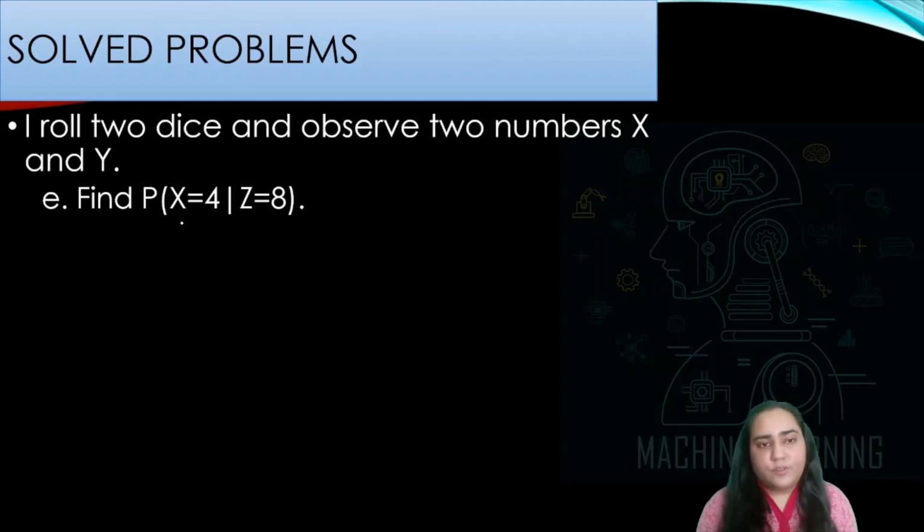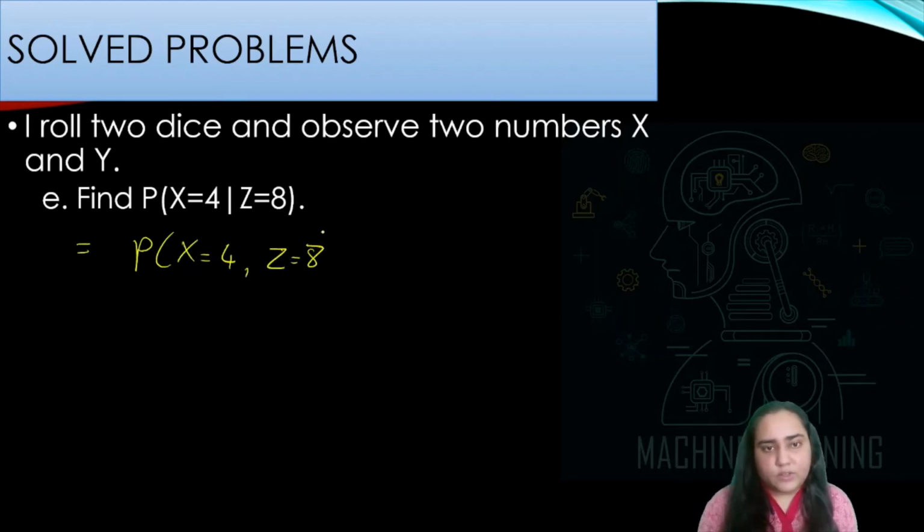Now, what we want to find is x equal to 4 given z equal to 8. This time, we cannot say that x and z are independent of each other. X depends on z very much. To calculate that, we need to find the joint probability of x equal to 4 and z equal to 8, and divide that by the probability of z equal to 8.